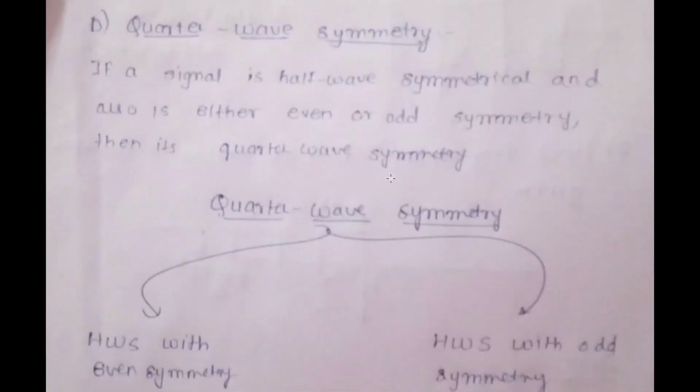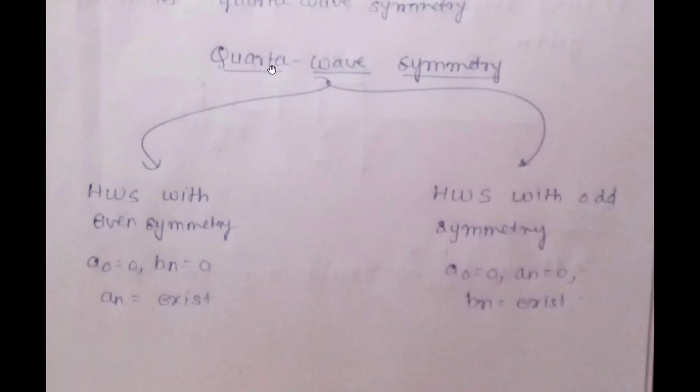In case of my quarter wave symmetrical signal, basically a quarter wave symmetrical signal is a half wave symmetrical signal which is also combined with either even or odd. That means I can divide my quarter wave symmetrical signal as half wave symmetrical plus even symmetry, or half wave symmetrical plus odd symmetry.